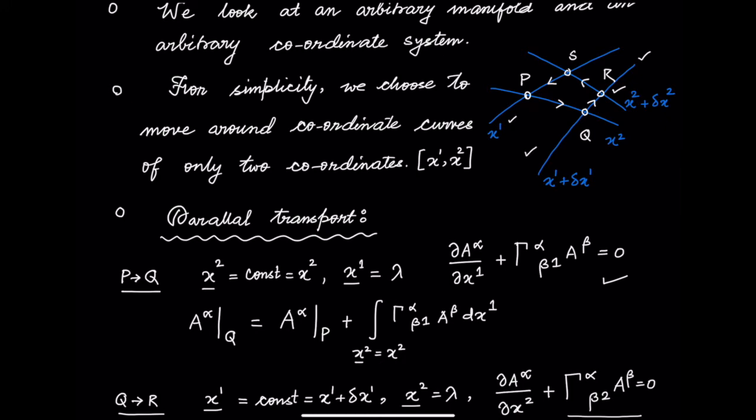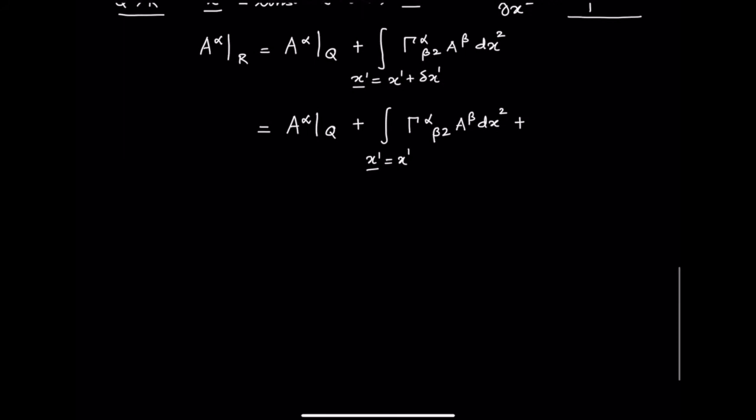So I evaluate the quantity just like a Taylor series expansion. It is equal to the value of the quantity at the curve x1 plus the first order Taylor series change between x1 and x1 plus delta x1, which is delta x1 times the derivative of this. Now the derivative is with respect to x1, so it can come inside as we are keeping x2 fixed in this dx2.